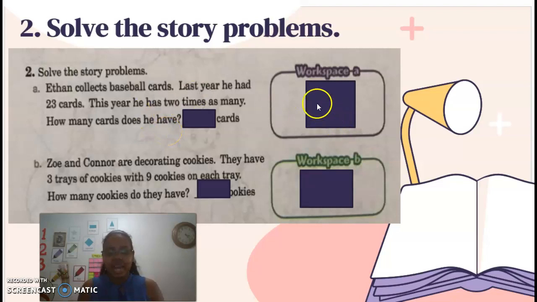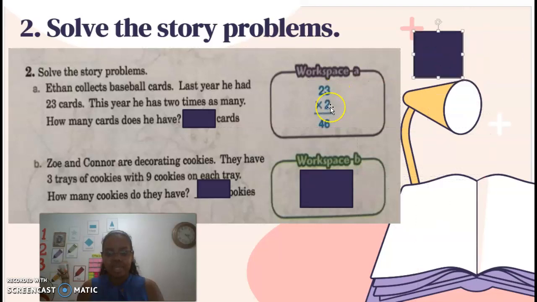So, Ethan had 23 cards last year. Now he has 2 times more. So, we're going to multiply 23 times 2. 2 times 3 is equal to 6.